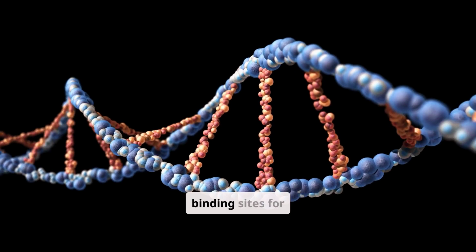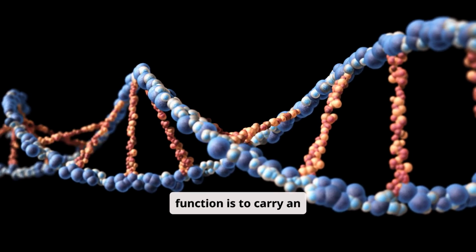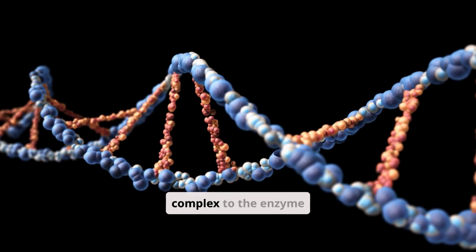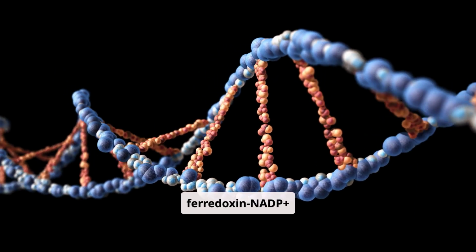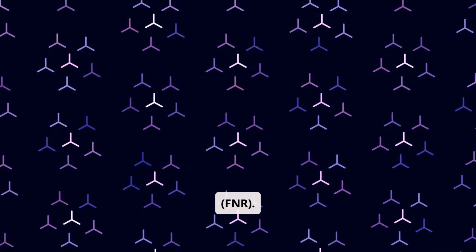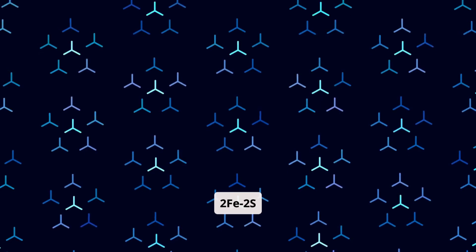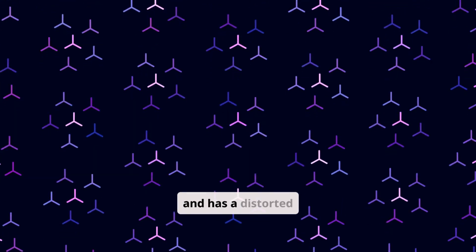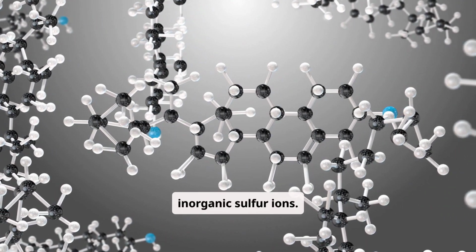Thylakoid membranes have binding sites for ferredoxin, and its main function is to carry an electron from the Fe-S complex to the enzyme ferredoxin-NADP+ reductase, FNR. Type 1, 2Fe2S ferredoxin is very acidic and has a distorted tetrahedral structure, with each iron atom bound to 2 sulfur atoms of cysteines and 2 inorganic sulfur ions.